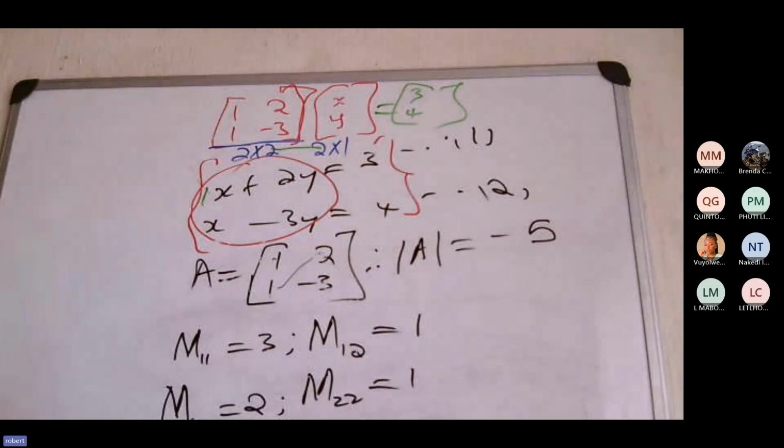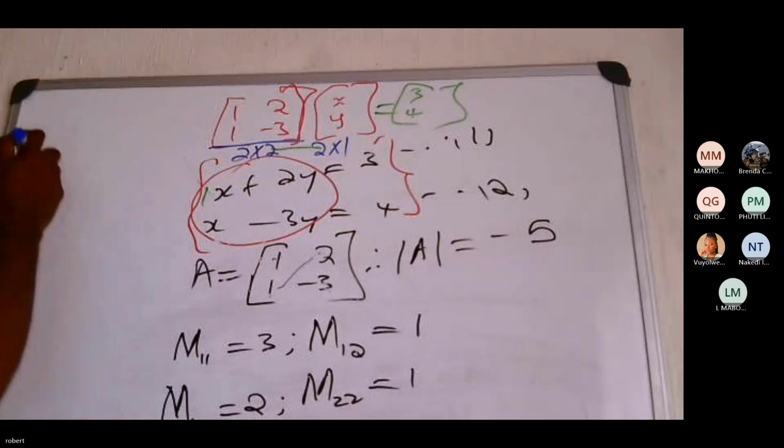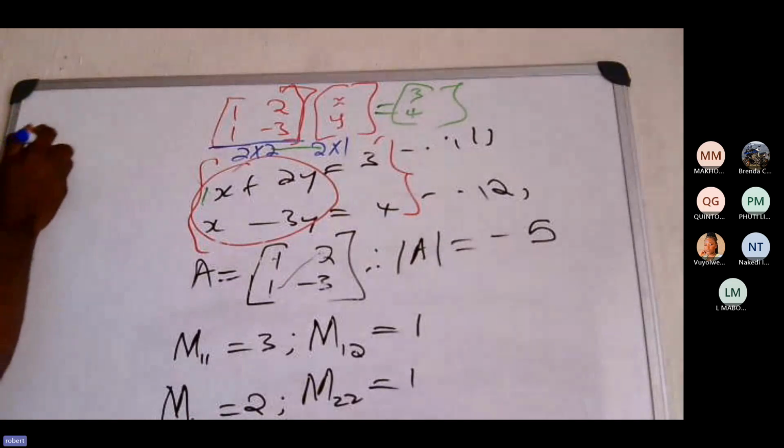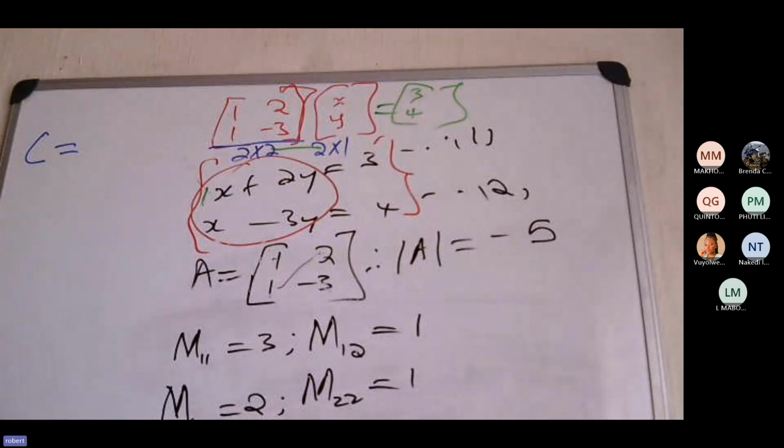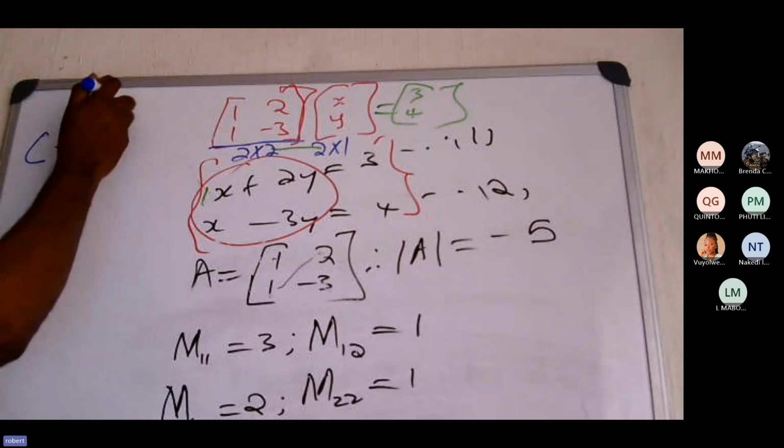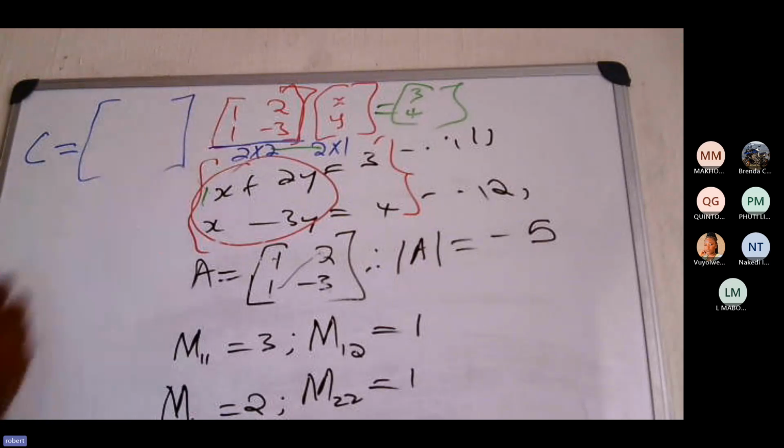Therefore, you can now find the cofactor matrix. So what is a cofactor matrix? Let us call it C. Let me just write it here. Hopefully you can see it. The cofactor matrix, C. So what will be the answer here?